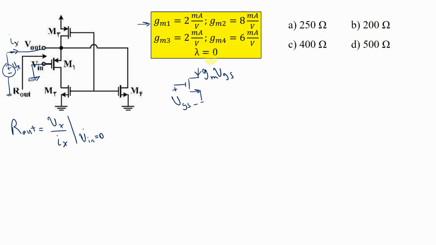So be careful about the direction. And another thing, this is a VDD voltage, so again this has to be grounded when you calculate Rout. All the DC sources have to be eliminated, in addition to Vin, which is going to be short connected to the ground.